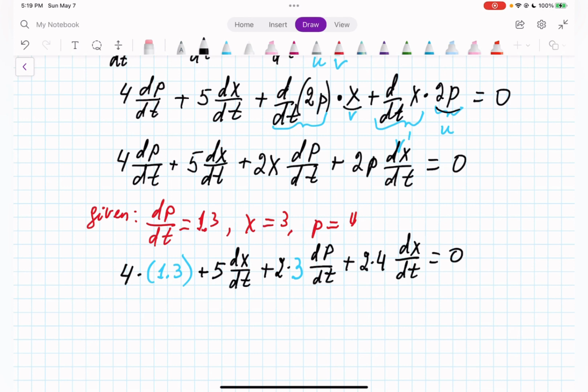dp by dt, I can also replace with 1.3. Very good. So we ended up only with dx by dt. Let's do the math portion. 4 times 1.3 is 5.2 in decimal notation.